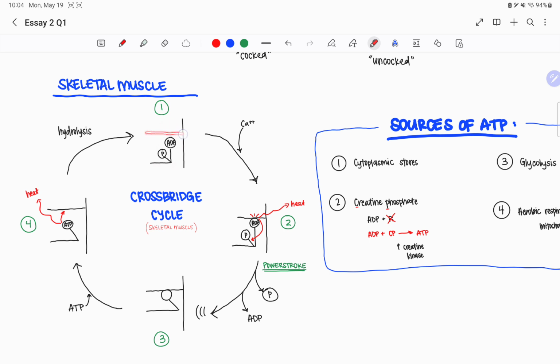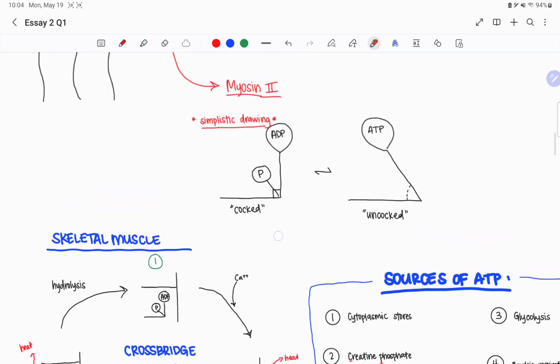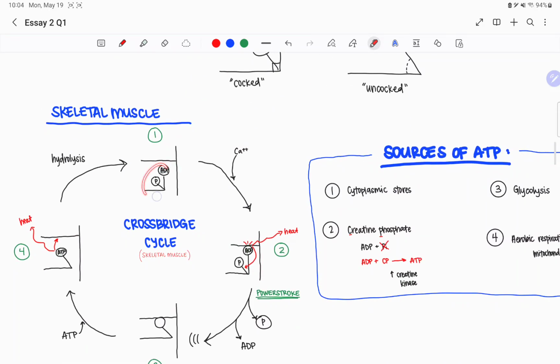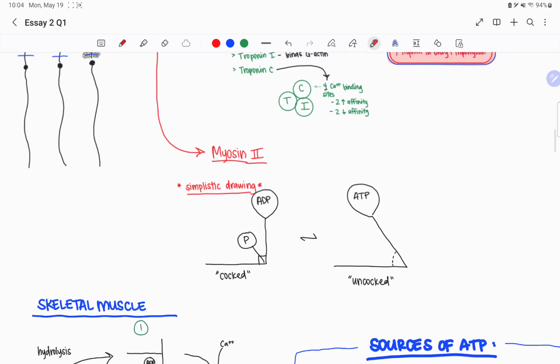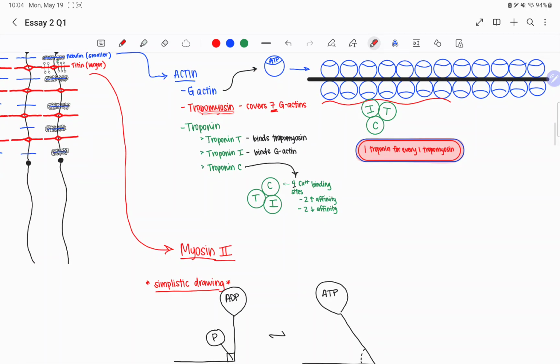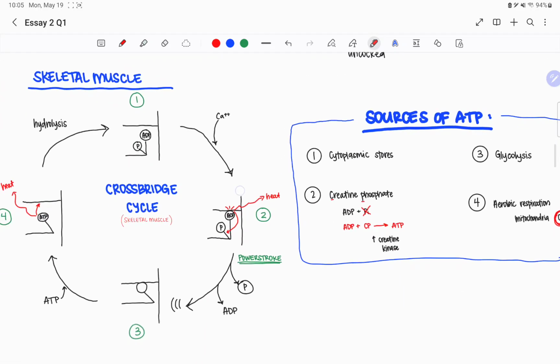I'm just going to actually call this line actin, not necessarily nebulin, okay? So we're going to say this is our myosin. We're going to say that this is the actin, okay? Now, myosin wants to be with actin, but like I said above, tropomyosin blocks the actin, the G-actin, okay?